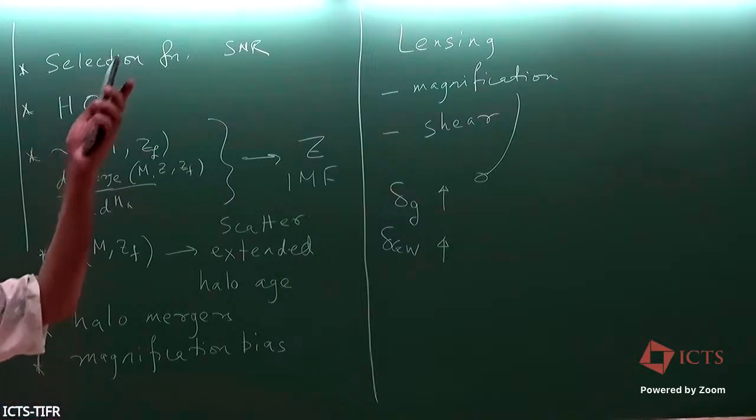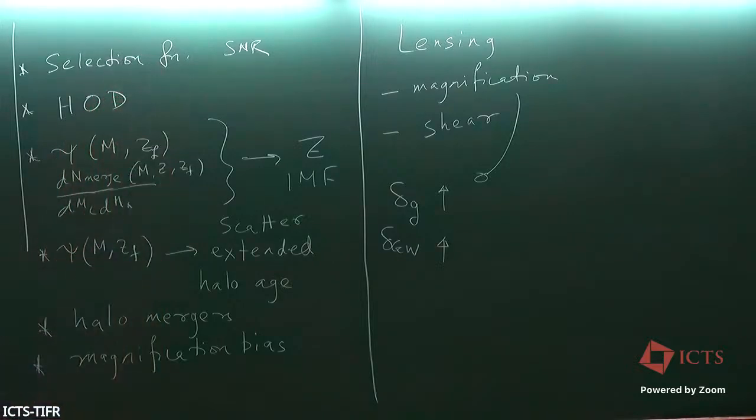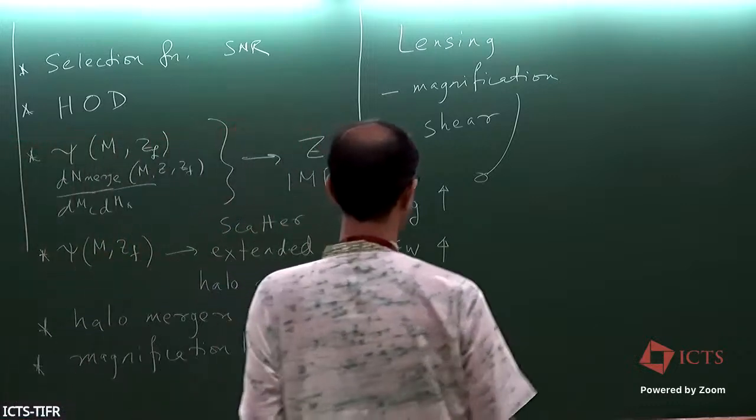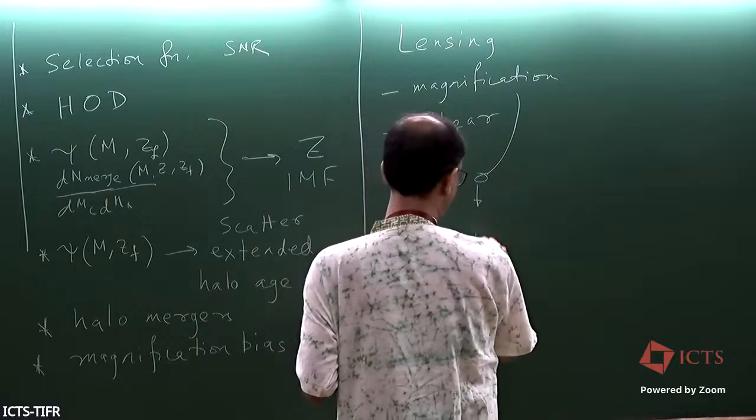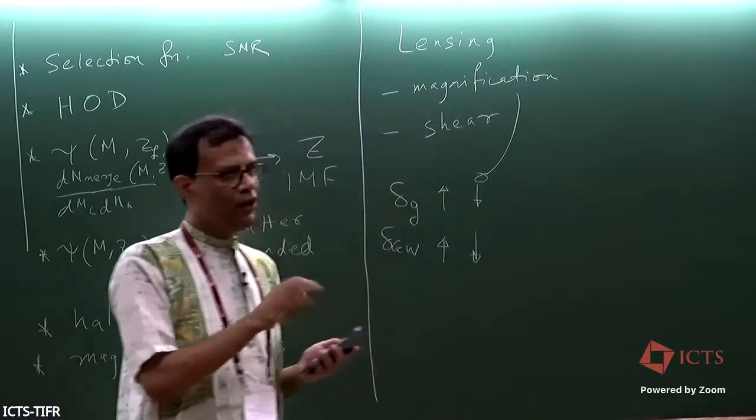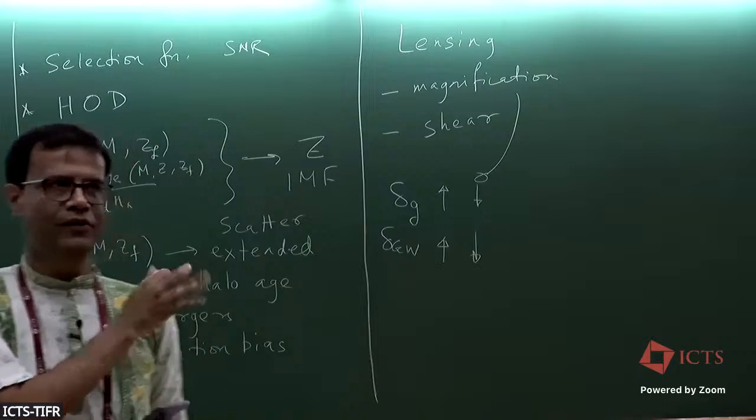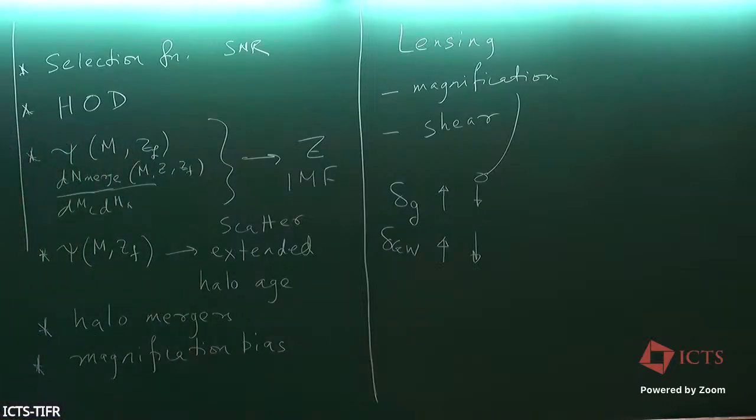So if the solid angle increases, the number density goes down. There are these competing effects, and which one will win depends on various factors, for example, how many faint sources you have.